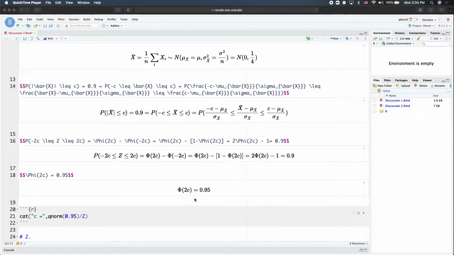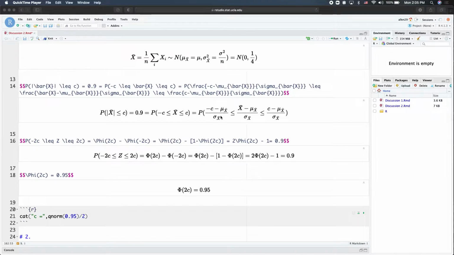Sorry, where did you get that 2c and negative 2c from? Which line? You mean this 2c? Yeah. From here we know that the mu of x bar is 0, and the variance of x bar is 1 over 4, so you just plug in the numbers here.